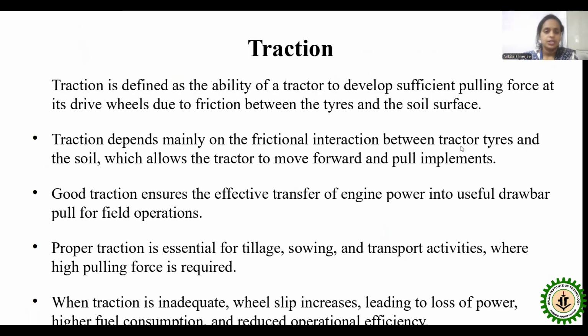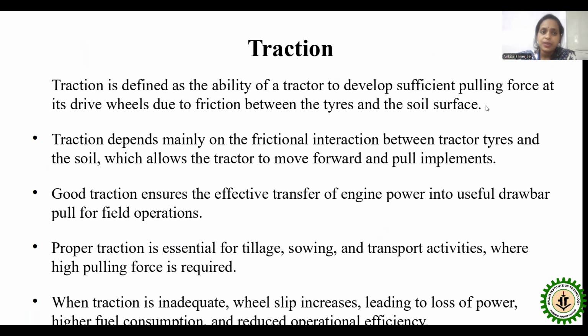What is traction? Here I have mentioned the definition. First, we will read it together. Traction is defined as the ability of a tractor to develop sufficient pulling force at its drive wheels due to friction between the tires and the soil surface.